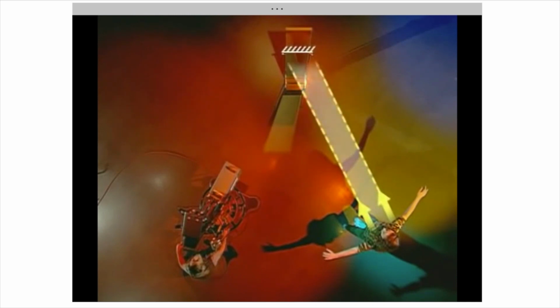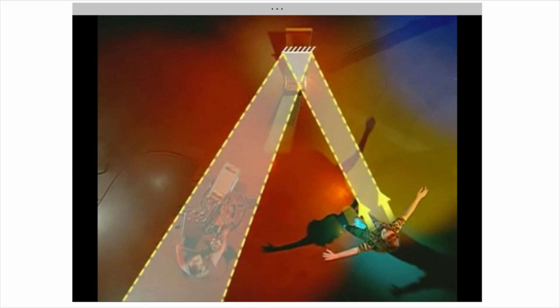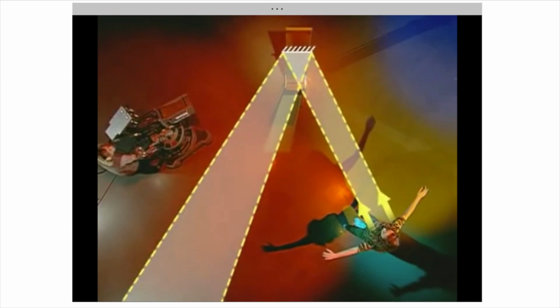Any light hitting the mirror reflects at a certain angle. Stand in this area and the light bouncing off the mirror enters the camera. Stand outside this area and none of the light from the dancer is reflecting towards it. To make the dancer visible, the camera has to move.